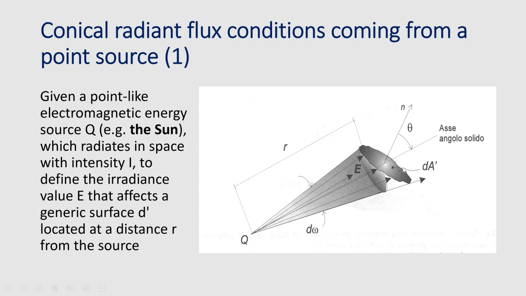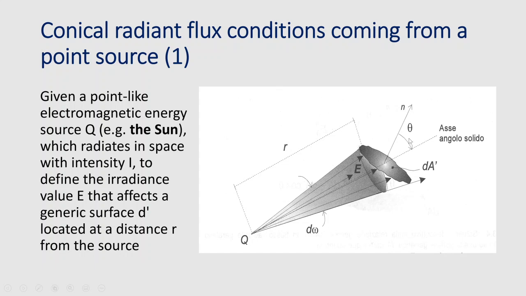with a particular dA1, a particular attitude in correspondence to the point in which this surface is seen, for example, by a sensor, and this is represented by this angle theta.